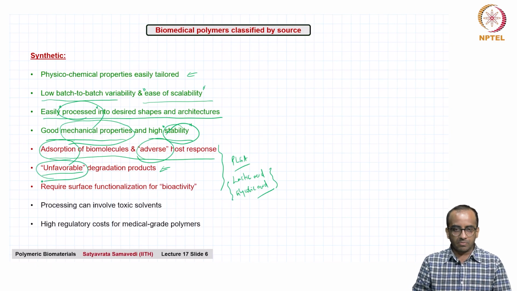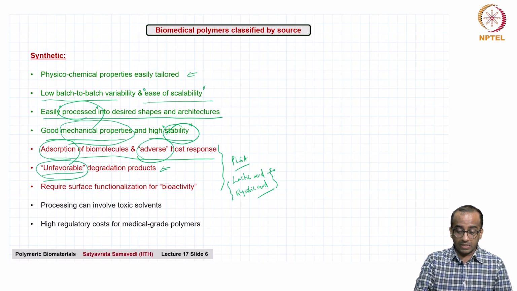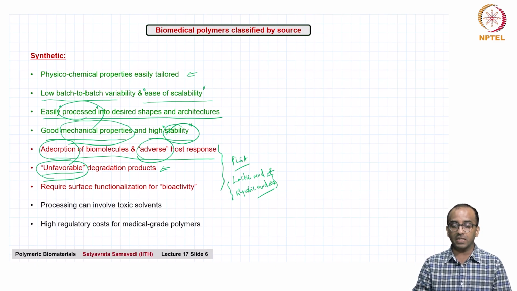And while that is largely true, notice that these are both acidic. So, a large, rapid release of these degradation products through rapid degradation of PLGA can cause a significant drop in local pH, and that can have some adverse effects.